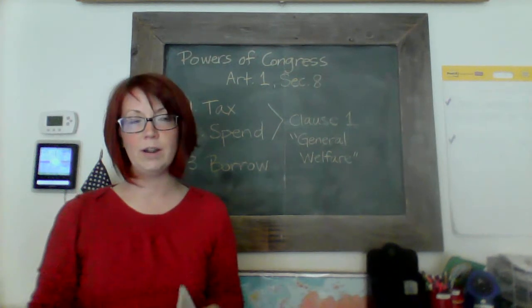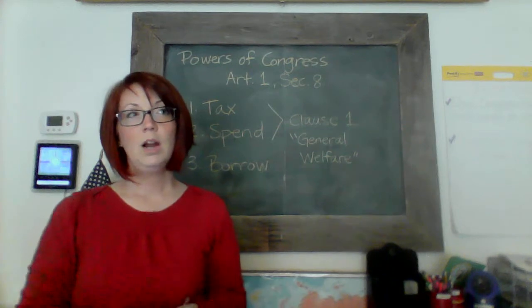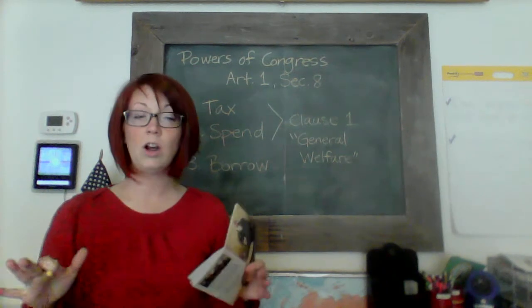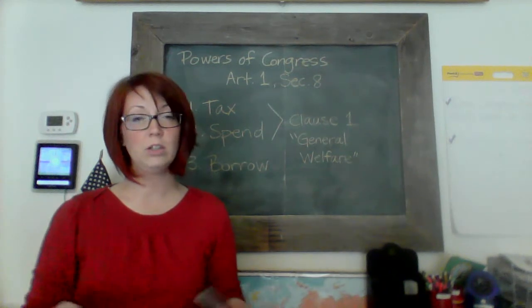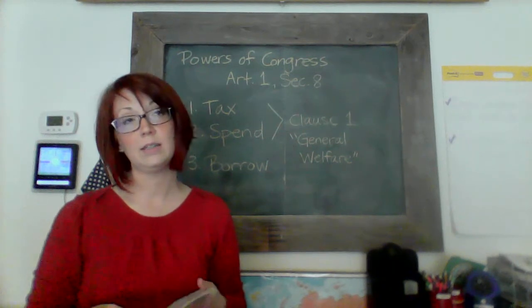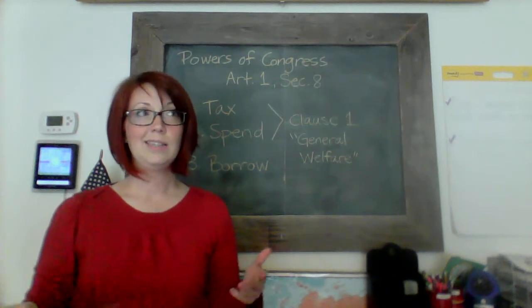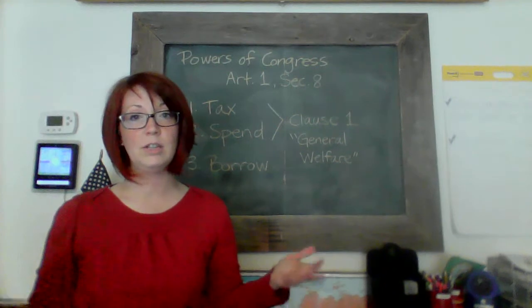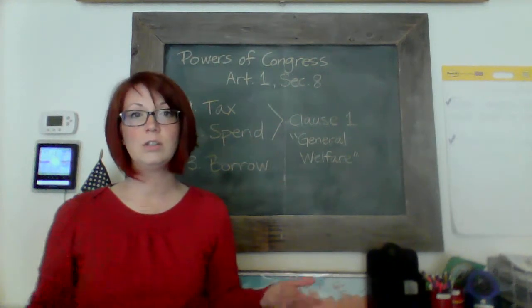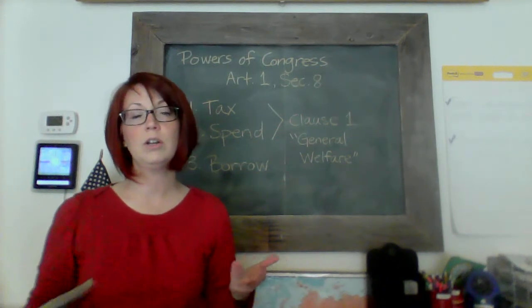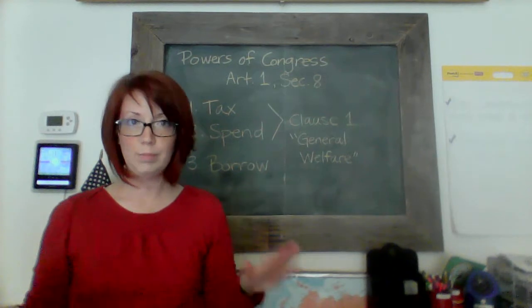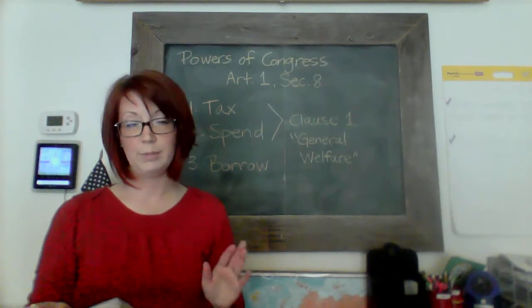Our national debt right now is around $20 trillion, which is huge. There's only like $66 trillion in circulation in the whole world. So to owe $22 trillion is bad for our economy. So just keep that in mind.